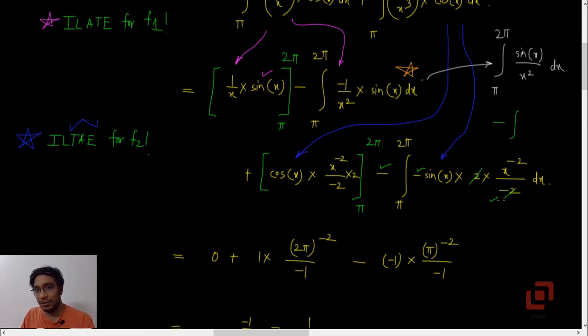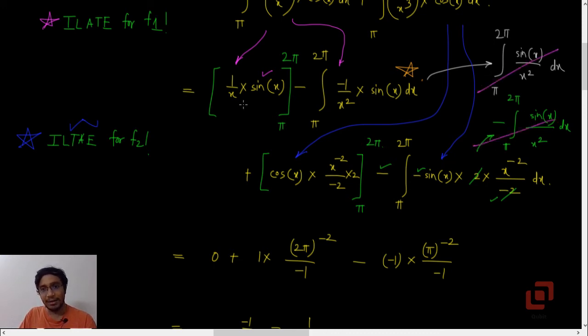Yes, 2 will go, right? So pi to 2 pi, sine x in the numerator, and x raised to minus 2 in the numerator means x raised to 2 in the denominator. So these integrals, which are for us impossible to integrate at this stage, they will now get cancelled. And this is, I would say, the eureka moment of the problem.